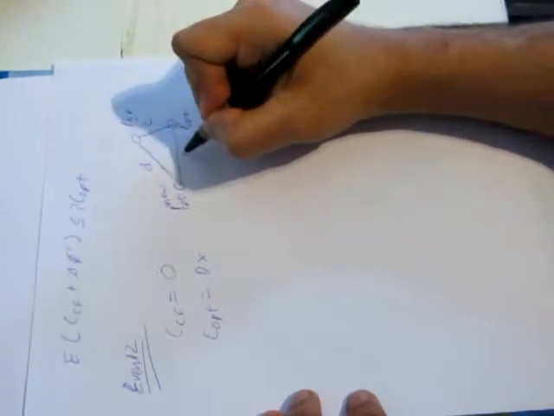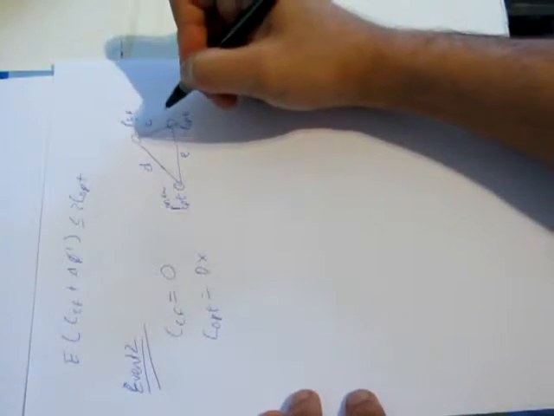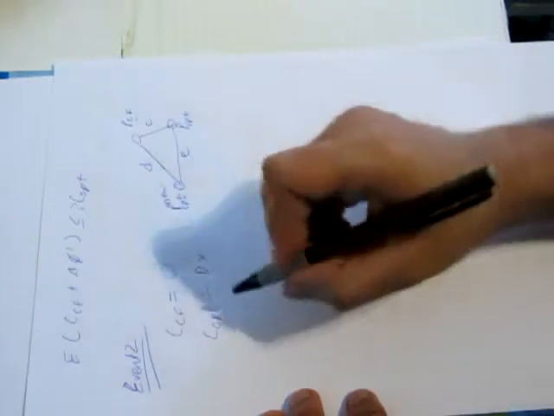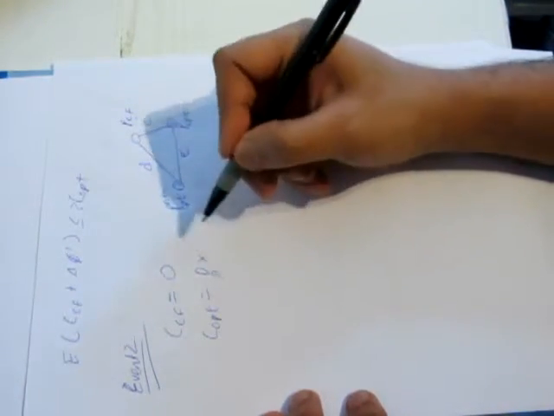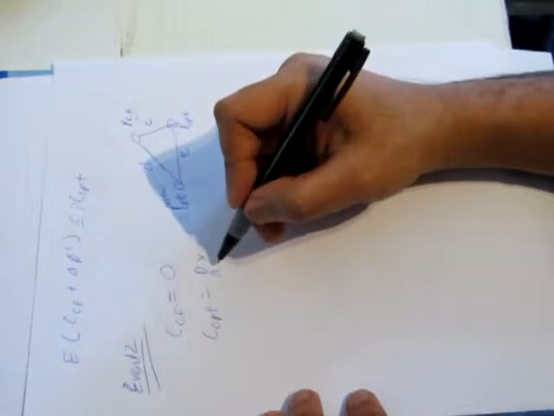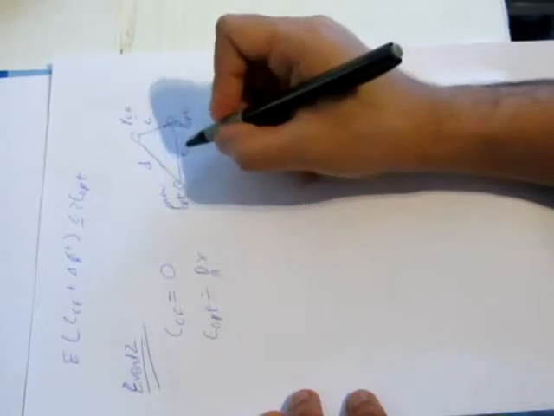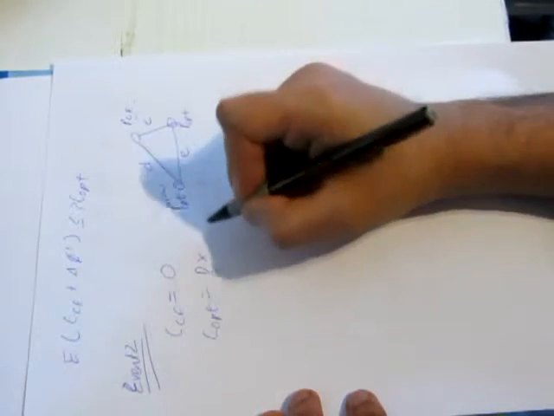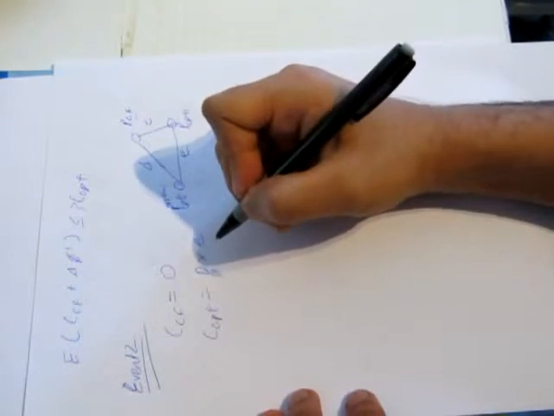So if this is E, then the cost of the optimal algorithm would be D, that is the cost of moving a page, plus the weight of the edge, that is E, so it's DE.